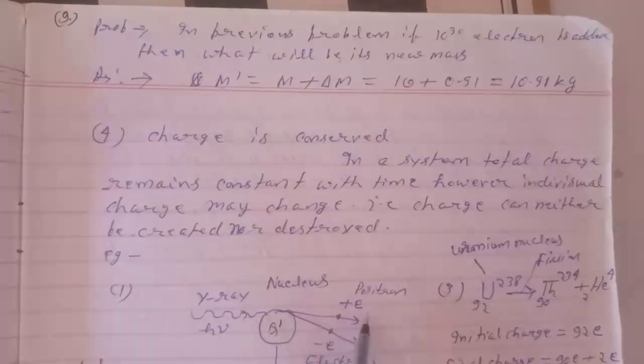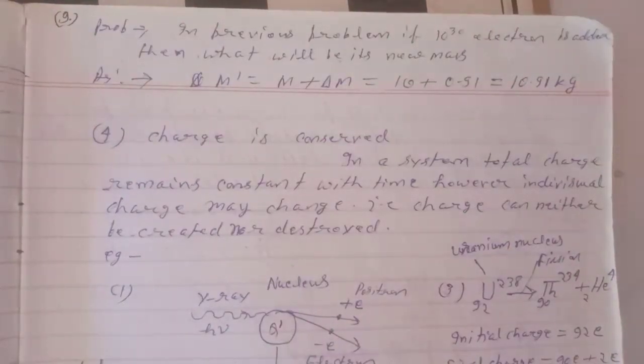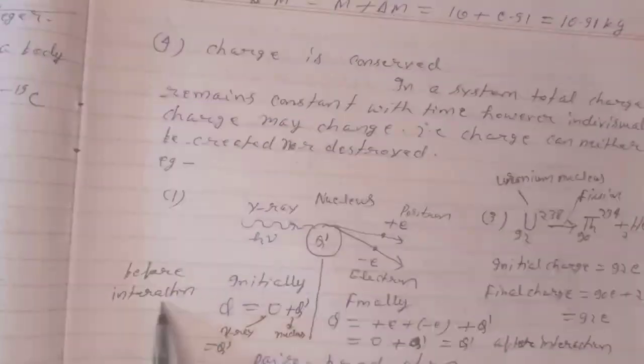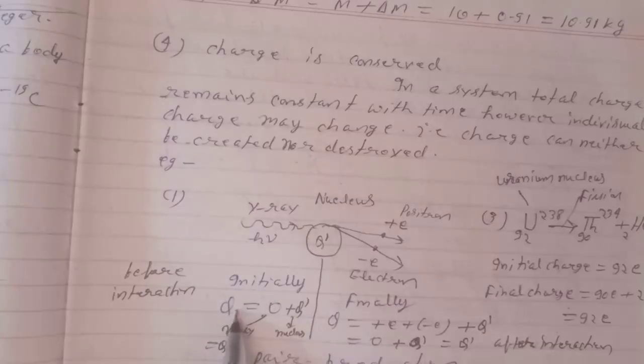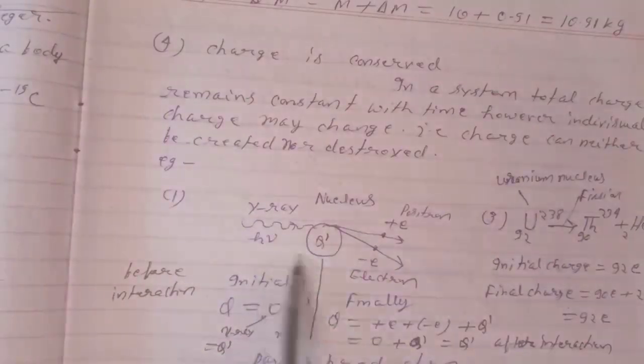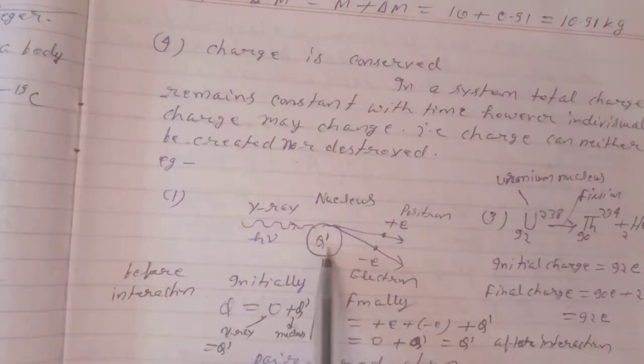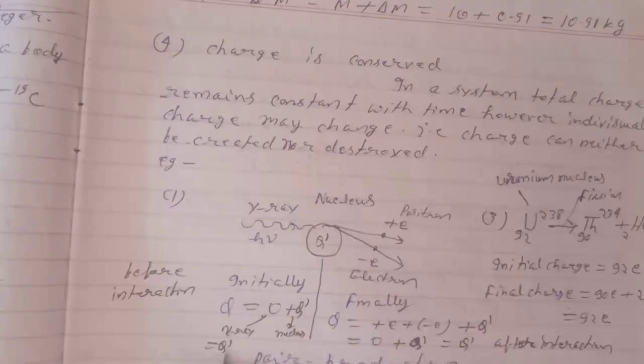That is, the positron is positive and the electron is negative, but the charge value is the same and the mass is also the same. So before interaction, initially, the total charge on the body was 0 plus Q', since the gamma ray has 0 charge and the nucleus has charge Q', so the total is Q'.